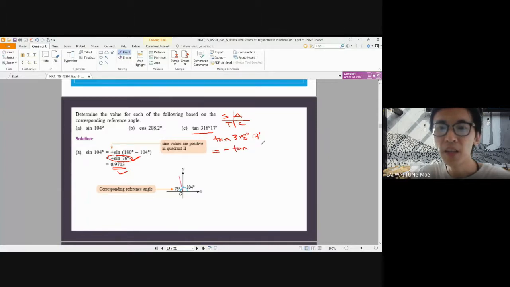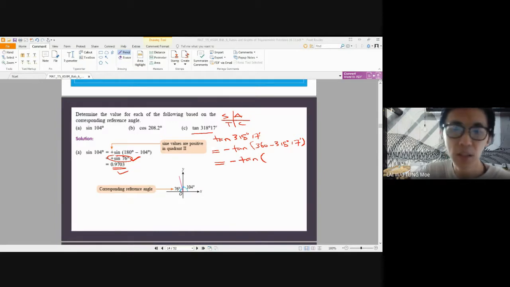How to find the alpha in the fourth quadrant? You take 360 minus your angle, your theta, 318.17. You haven't found your alpha yet. So with negative tangent, the answer here is 360 minus this one.